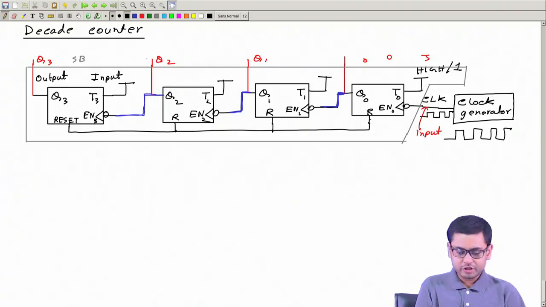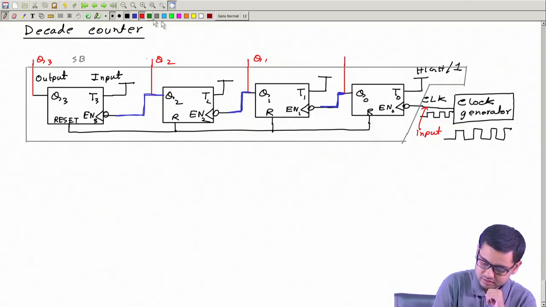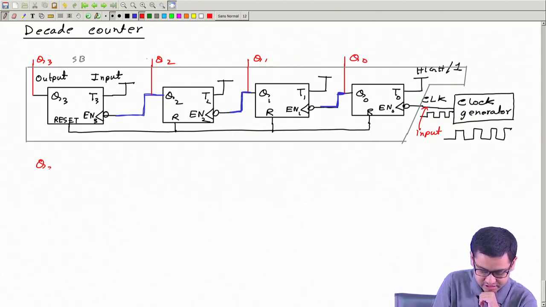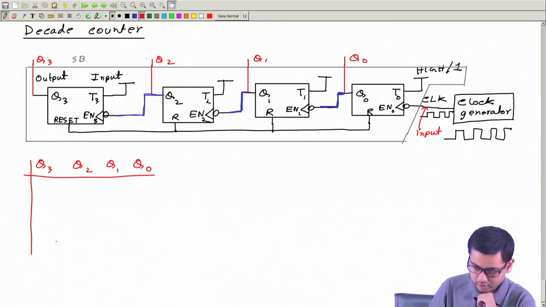Now what I will do is this. I know Q3, Q2, Q1, Q0 vary with the input pulses like this, starting from 0, 0, 0, 0.